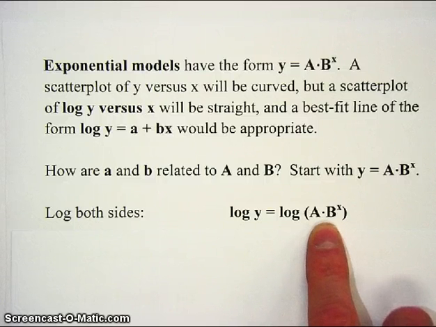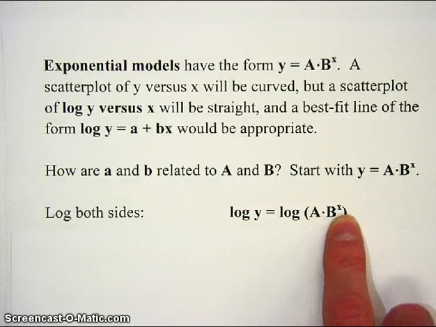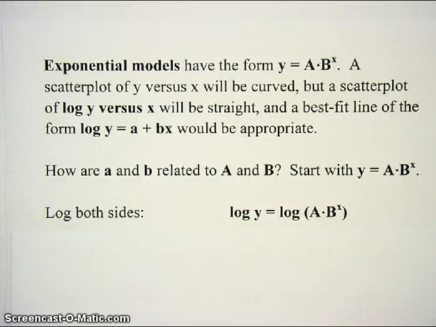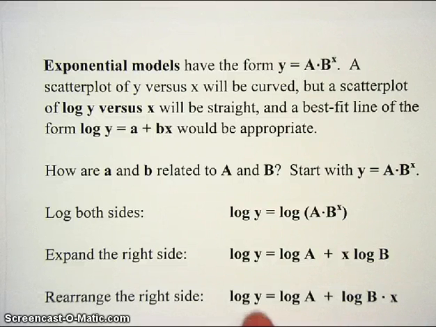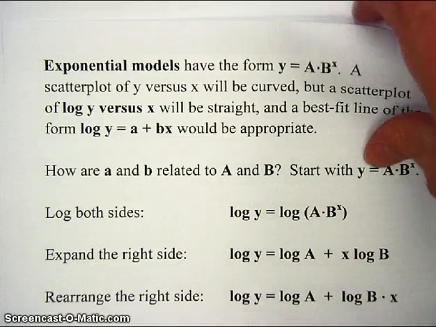There's a product in there, and there's a power in there, and we can apply our product rule and our power rule to that expression. And when we do, we get log y equals log A plus x times log B. If we rearrange that a little bit, we have log y equals log A plus log B times x, and you'll see that here the y values are logged, but the x values are not logged.